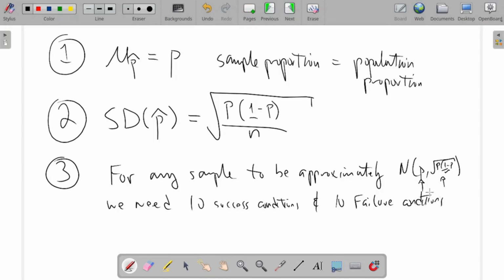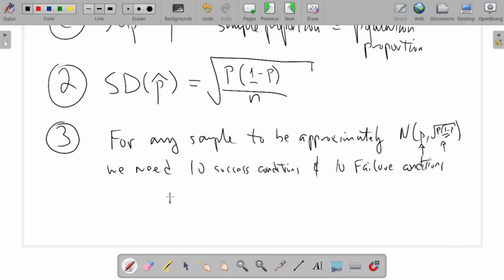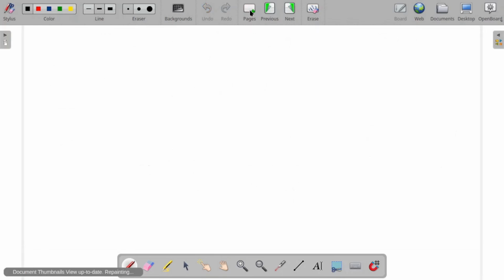This is called the 10-10 rule, and it is on your formula sheet. So mathematically, that's n times p is greater than or equal to 10, and n times 1 minus p is greater than or equal to 10. So let's illustrate that with an example.